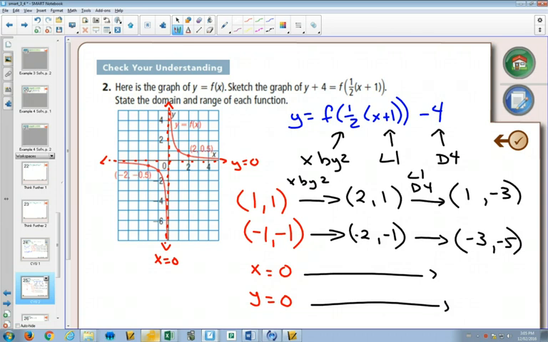It's going to change my asymptote to x equals -1. It's not going to change my y equals 0. The only thing that's going to affect my y equals asymptote is things that affect y. But when I move it down 4, that asymptote's going to change to y equals -4.